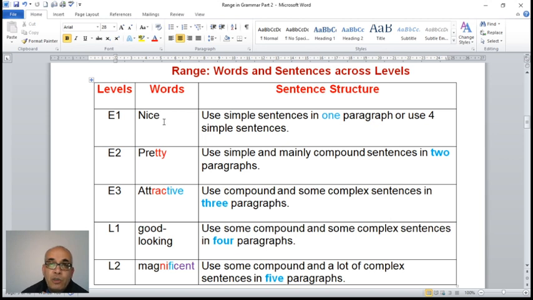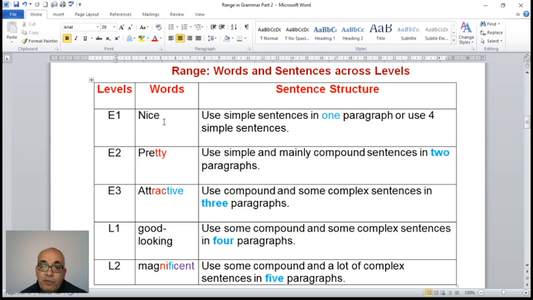So I am an entry 1 student. Which word do I write? I write nice. If I am entry 2, I have to write pretty. Pretty has 2 syllables, nice has 1 syllable. Entry 3, I have to write 3 syllables: attractive.